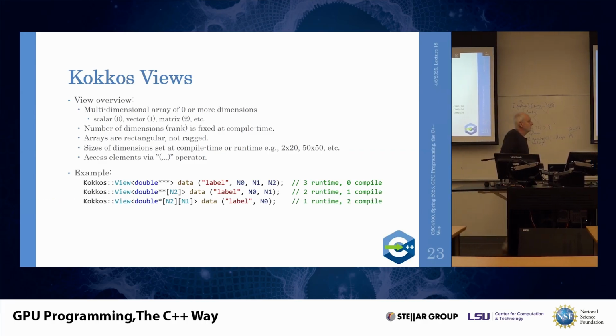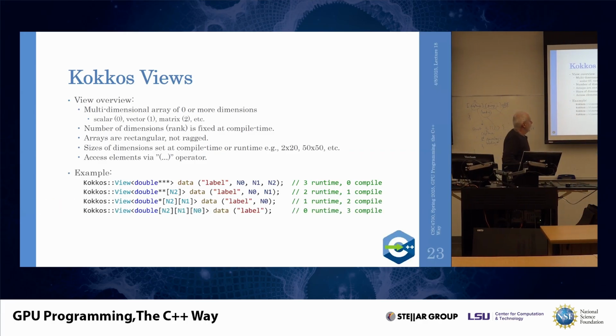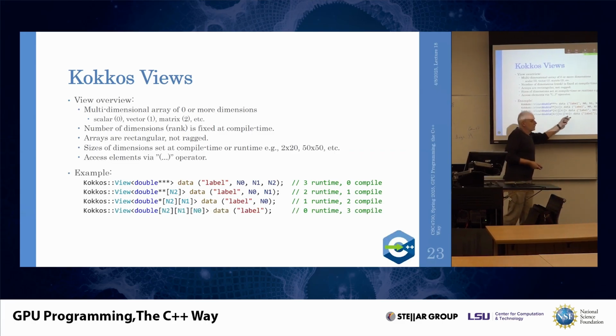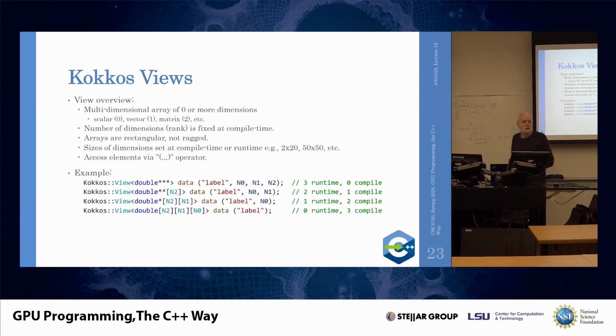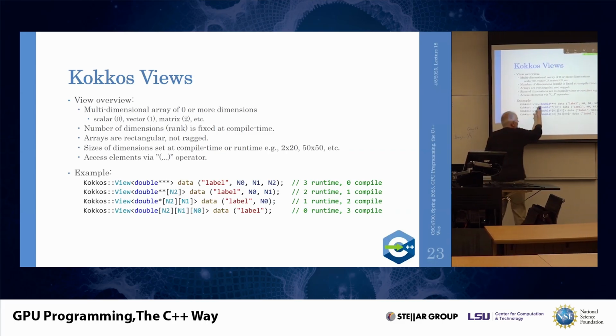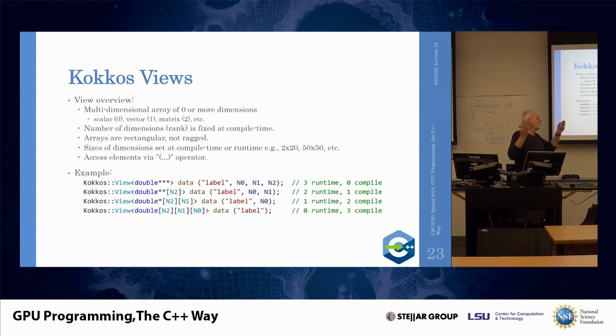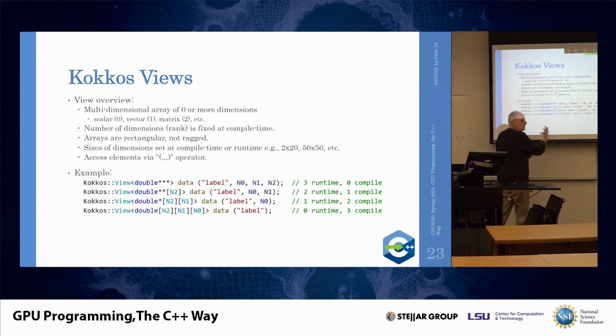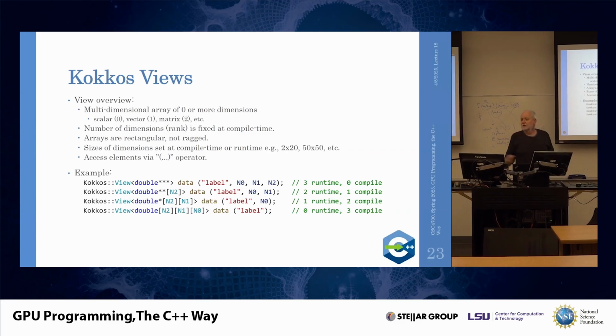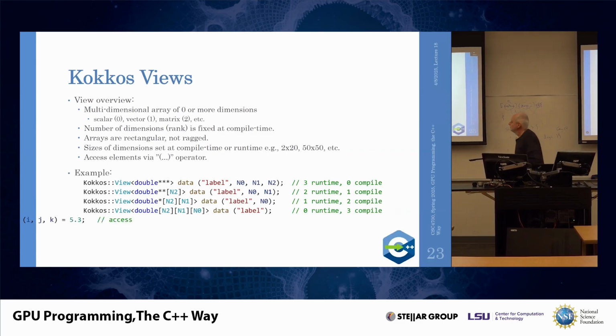Well, you can combine that in any other way, and if you have 3 compile time dimensions, you can do that as well. Again, don't read that literally. Don't see that as, hey, I have a triple pointer to double, I don't even know what that is. No, it's a way to represent the idea that I have that many runtime dimensions and that many compile time dimensions.